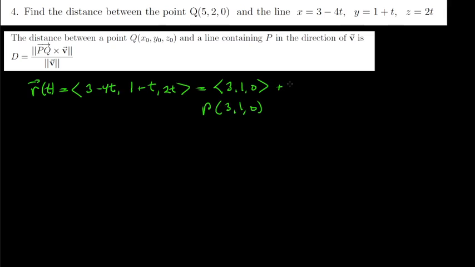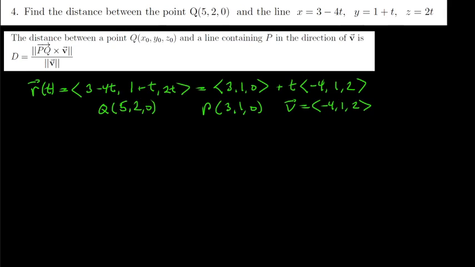And then the vector v would just be -4, 1, 2. Right, so that's a vector that lies in the line, or is parallel to the line, essentially in the direction of the line. Okay, so I think we have all the information we need. Again, Q is the point 5, 2, 0.